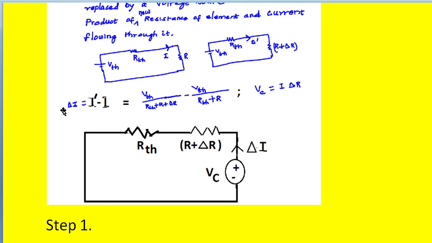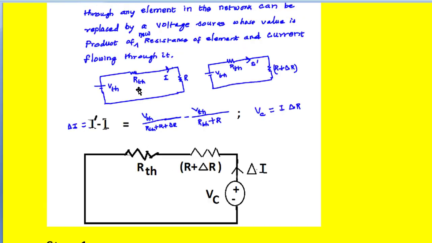Once we know this VC and this change in the current, then we can draw the circuit like this, and we replace the supply V Thevenin with a short circuit like this. Then we get VC in series with R plus delta R, and this voltage we call VC, and its value is I into delta R.